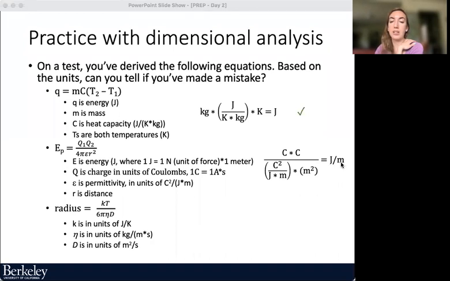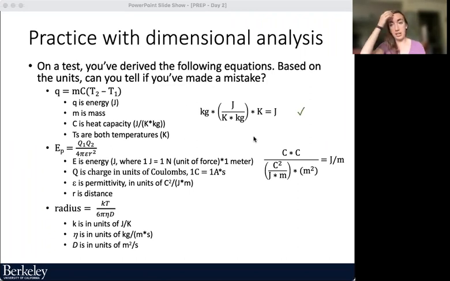And so my answer on the right-hand side is in joules over meters, but the thing I wanted on the left-hand side, that E, I wanted in units of joules, and so those are not in the same units. So that's an example of how to use this.